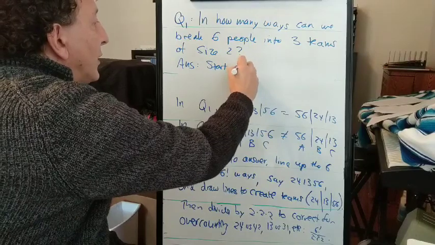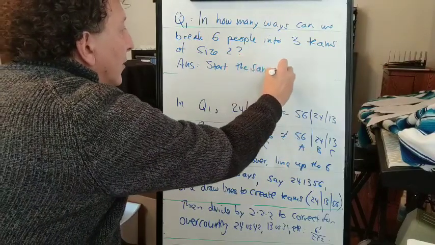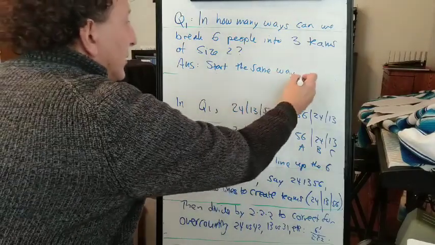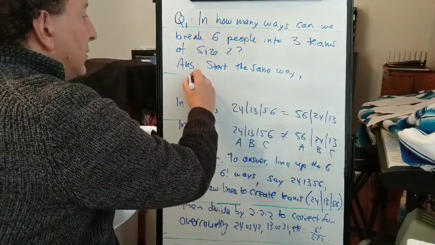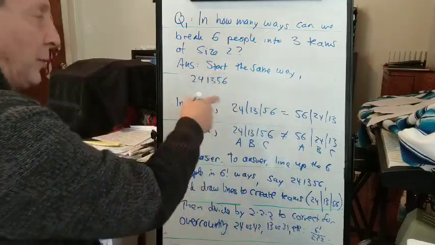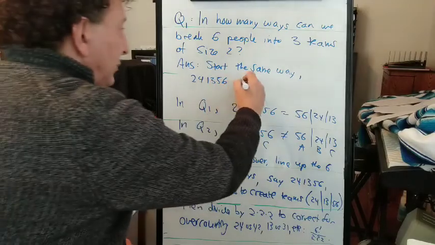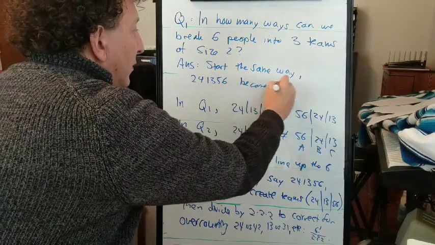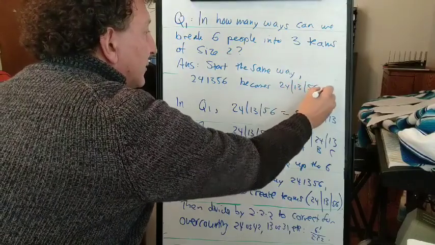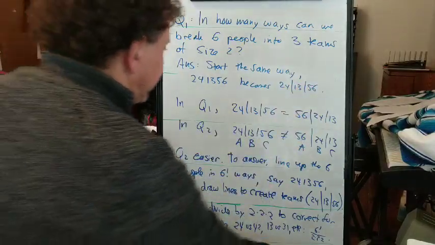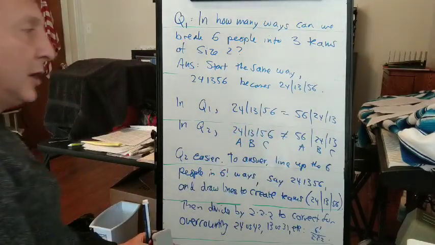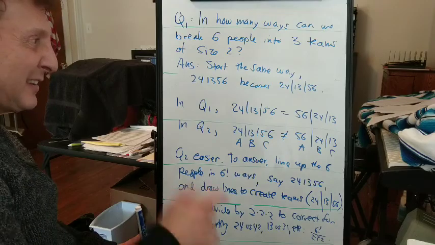So we'll start the same way. A permutation like 2, 4, 1, 3, 5, 6 becomes 2, 4 vertical line, 1, 3 vertical line, 5, 6. But we want to count these 2 arrangements of the 6 people into 3 teams as the same.